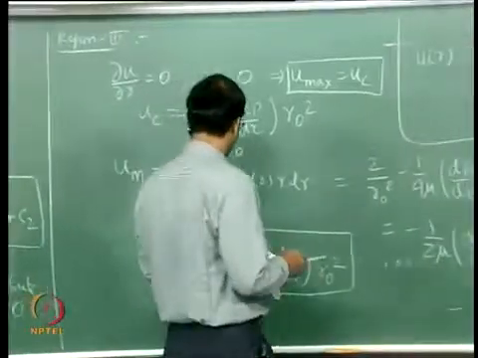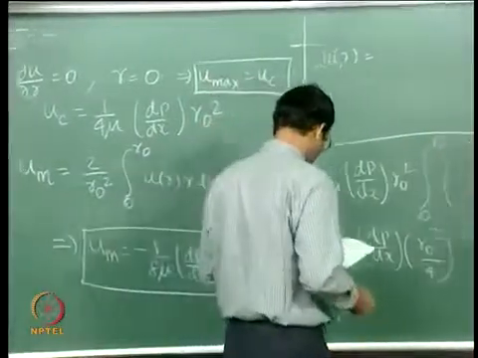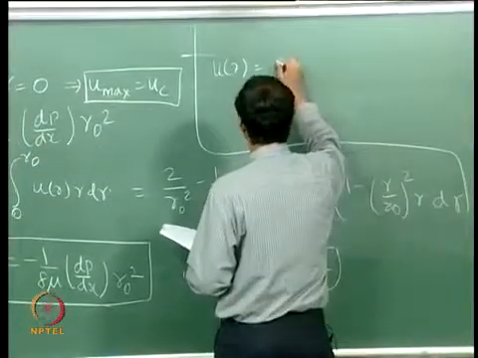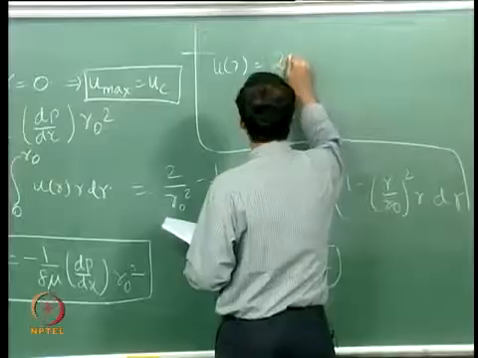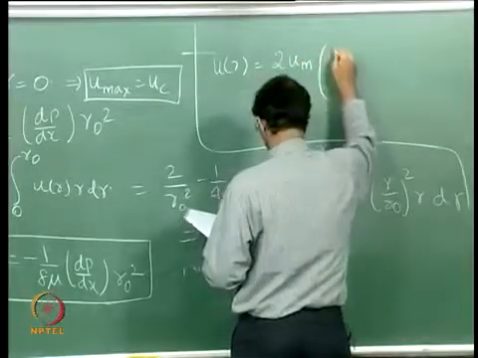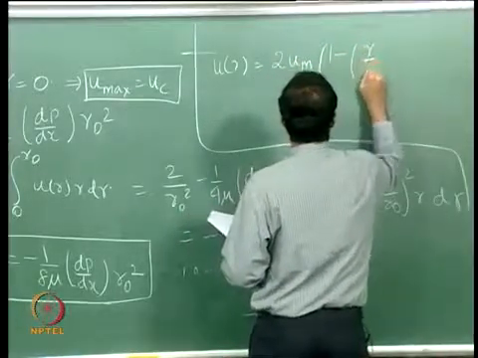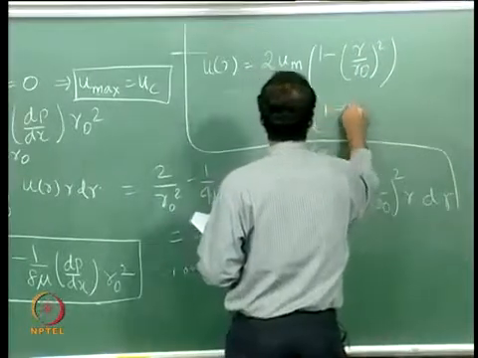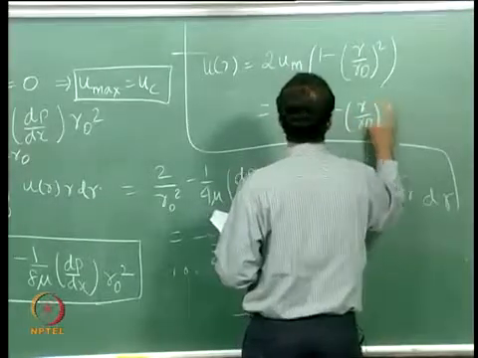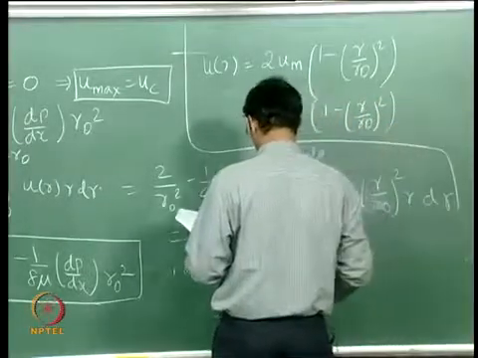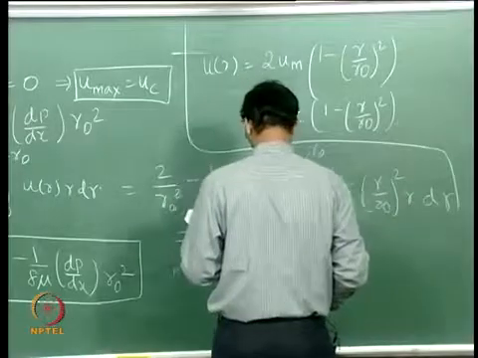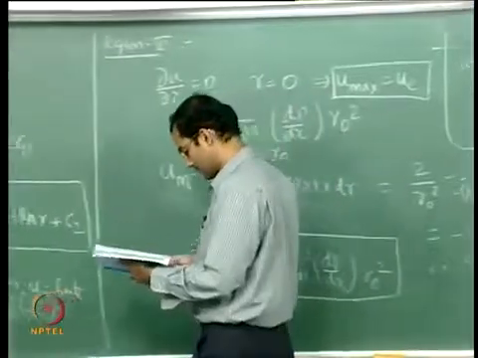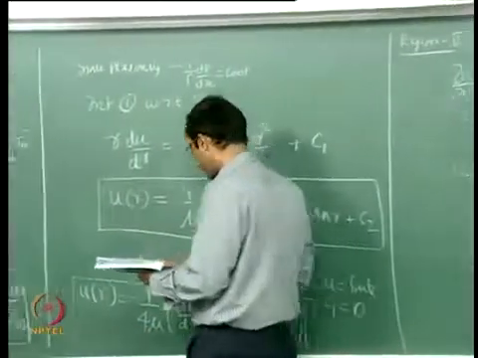So therefore you can express your u as twice of um into 1 minus r by r naught the whole square, which is also u center line times 1 minus r by r naught the whole square. Okay, so this is how your general velocity profile is written as a variation in terms of r. Is it clear?